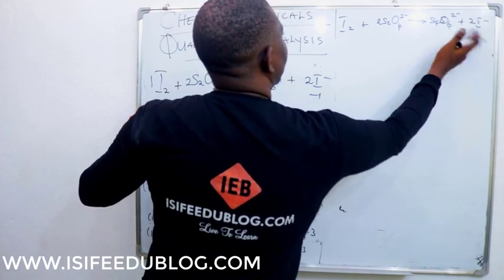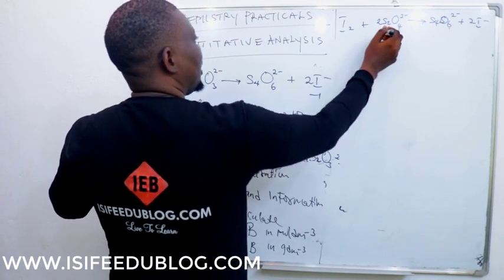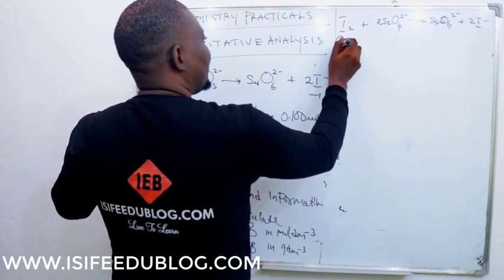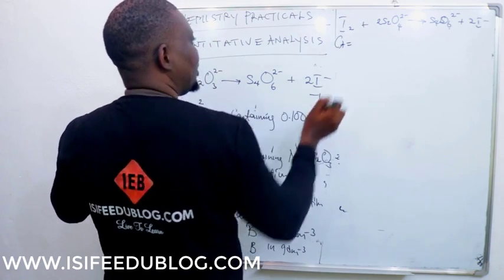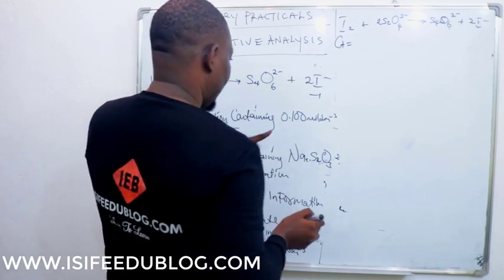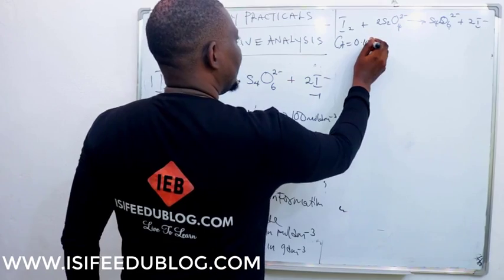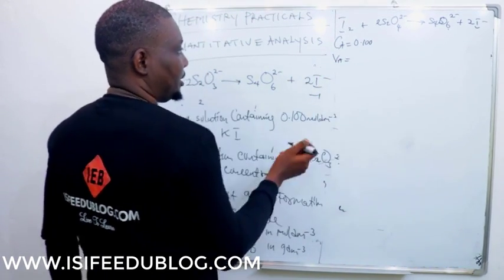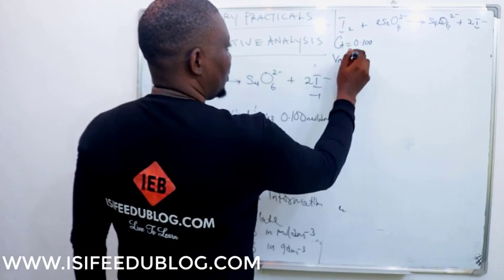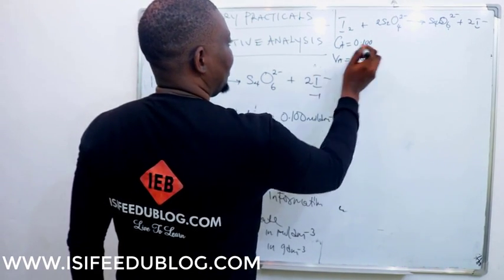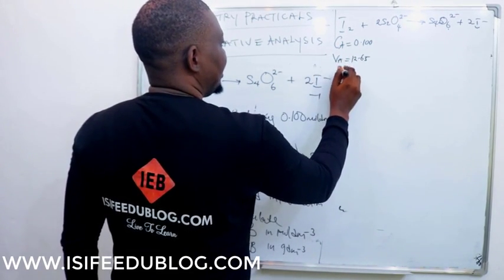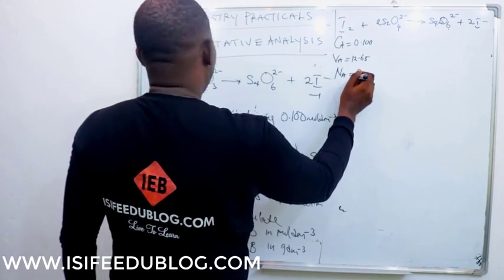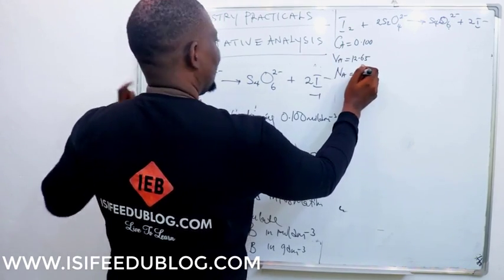We don't have any need for this one. What we have is this one. So here we have 2. So already our CA, which is I2, is giving us 0.100. Our VA, that's our titer value from the table, those concordant values, is 12.65, and our NA is just iodine. It's just one.